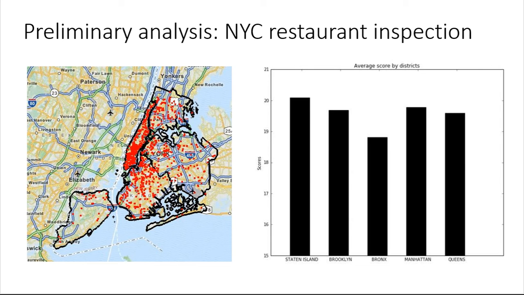The preliminary analysis for New York City restaurant inspections includes, on the left here, a map which shows the distribution of restaurants and the outlines of the districts or the boroughs. On the right we have a bar chart which shows the average score of restaurants in each borough.